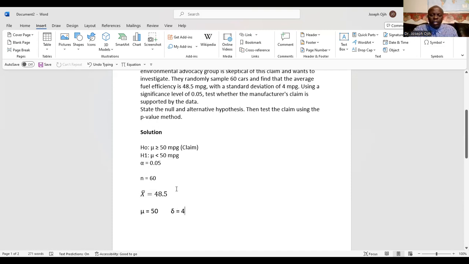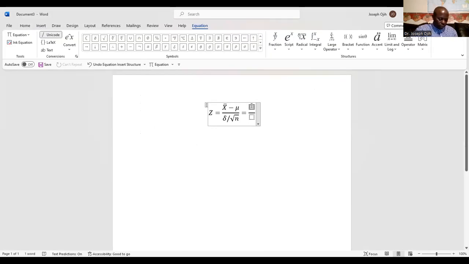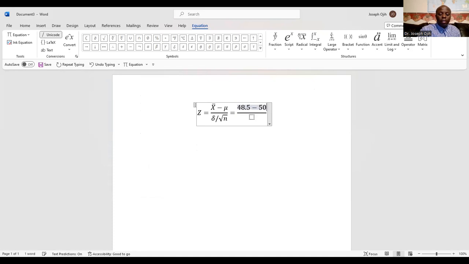So plugging these numbers in, we're going to have 48.5 minus 50 divided by standard deviation of 4 over the square root of n, which is 60.